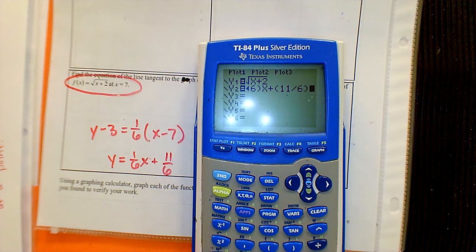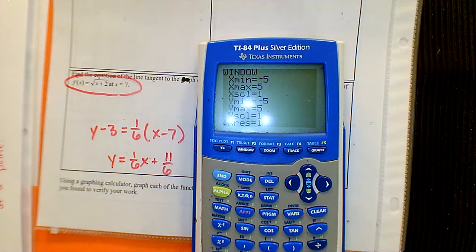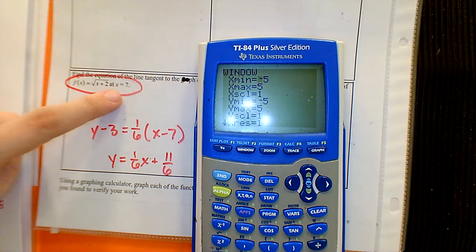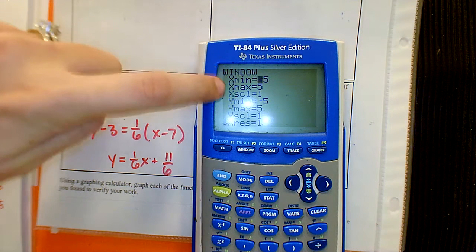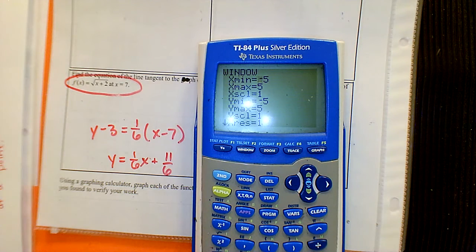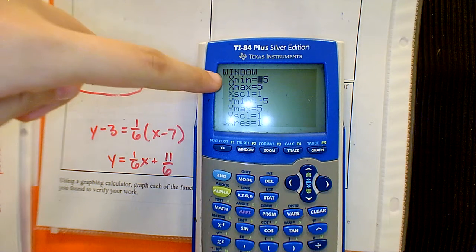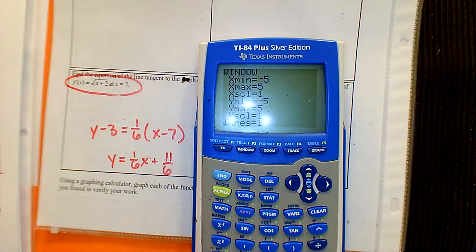Before we hit graph, let's change our window so we can see the correct location that we're interested in. Notice we want to use this x value of 7. It really doesn't matter what your x min or x max is as long as 7 is in between those values. So what do you want to use as the x min and x max?